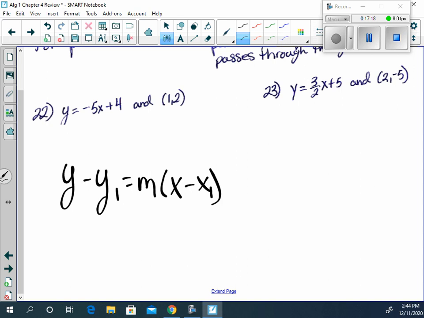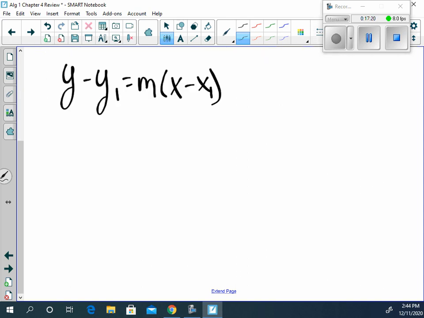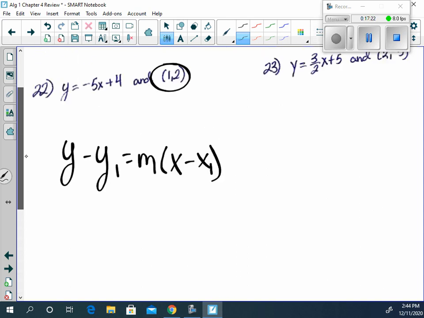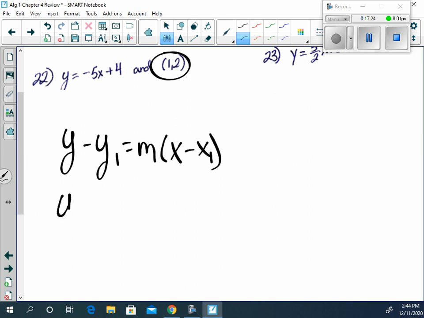Now, one of the things they gave us was the point. This line is going to go through the point 1, 2. So this is our x1, y1. So the y1 value is 2, and the x1 value is 1. So I plug that point in because it's a point on the line. So we would use it as our x1, y1.